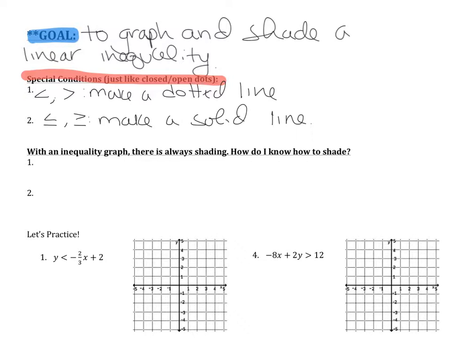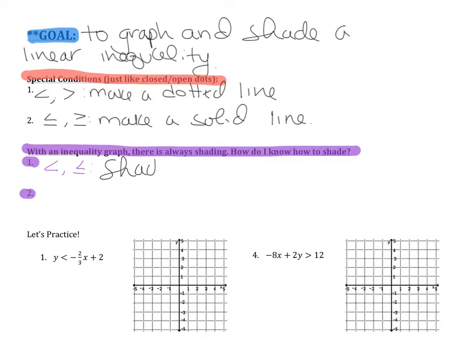And with an inequality, we also need to know when we're supposed to shade. So an inequality cuts your graph into two pieces. You can either graph on the front or you can graph on the back. So with an inequality, how do I know when to shade? If it's less than or equal to, you're going to shade below the line.